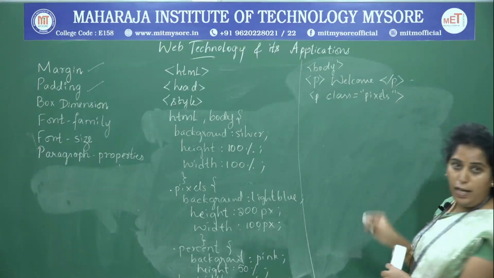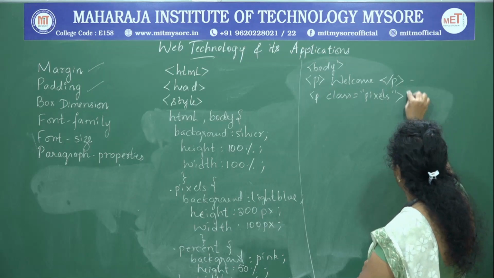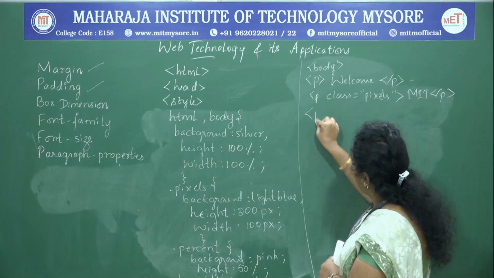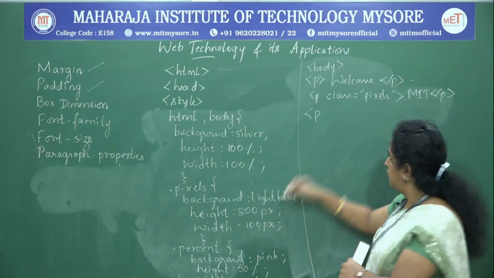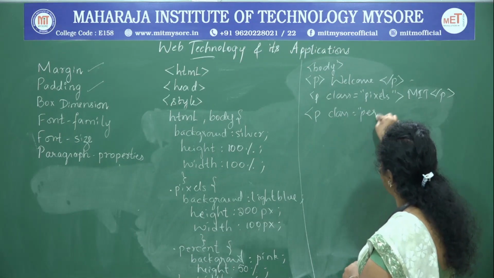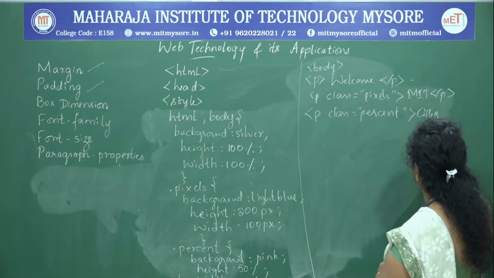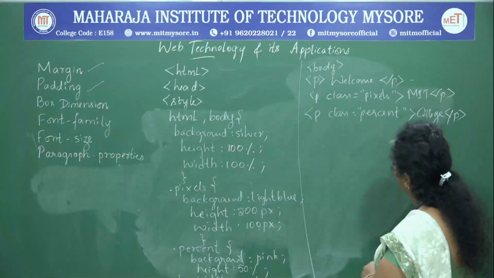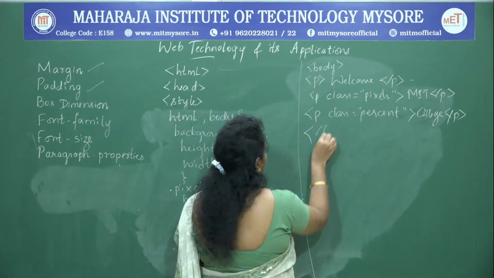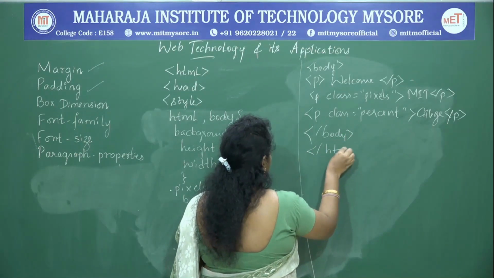So, then I am taking one example, text paragraph I need to give, I am giving MIT. So, one more paragraph for percentage, class equals percent, that is college. So, now finally close the body, also close the HTML.